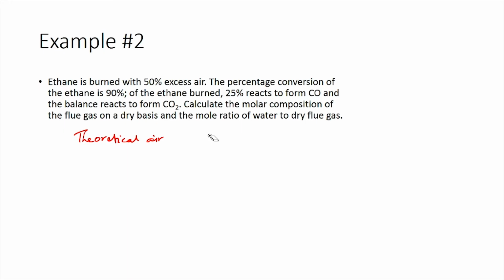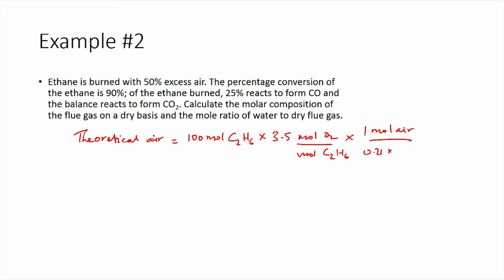So, the theoretical air requirement would be based on theoretical oxygen, which is 3.5 moles of oxygen per mole of ethane. So, theoretical moles of air would be equal to 100 moles of ethane times 3.5 moles of oxygen per mole of ethane times 1 mole of air per 0.21 moles of oxygen.